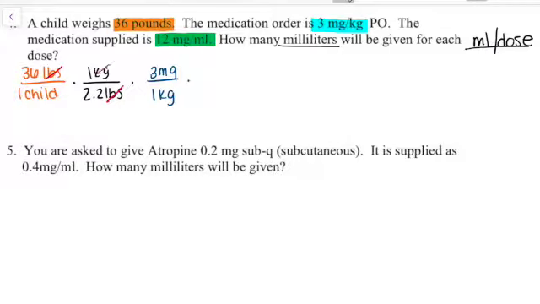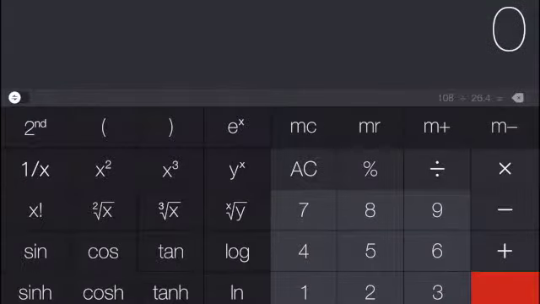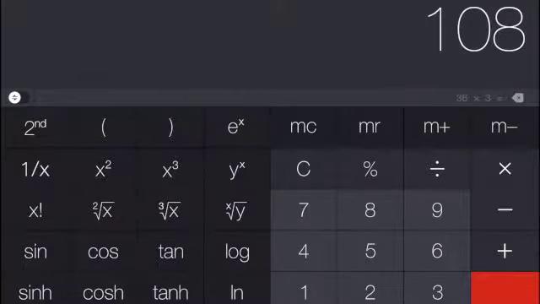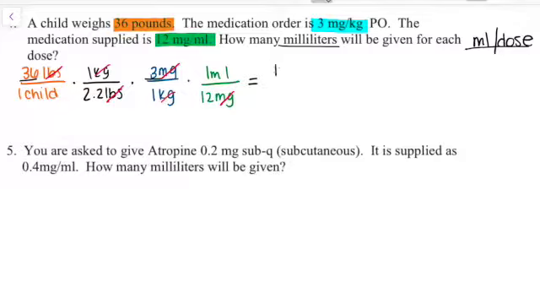So cancel out the kilograms. And available is 12 milligrams per ml. So cross out milligrams. Okay, now we need to do 36 times 3. It's 108. And mLs.